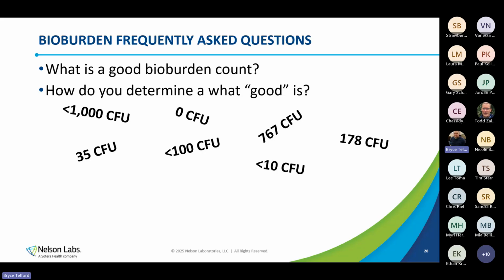And they were very, very upset about their 35 CFU. And the thing is, for some products and some manufacturers, they would love to have bioburden down at 35 CFU. They're used to seeing stuff more around the lines, for example, of 767 CFU.